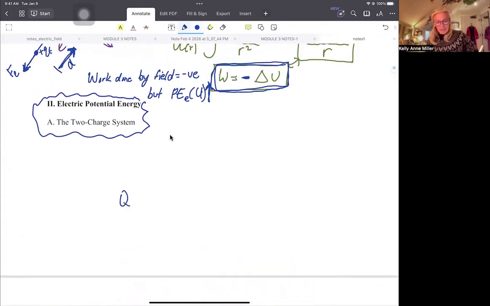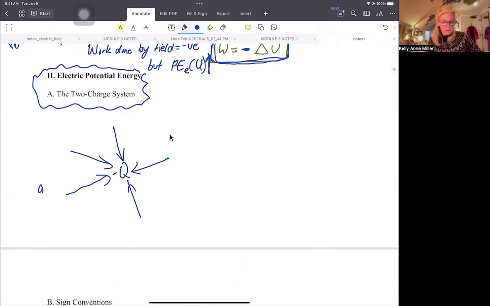Let's say I had a negative Q and all the electric field vectors, which I draw like that, are pointing here, right? And I put a positive test charge here.